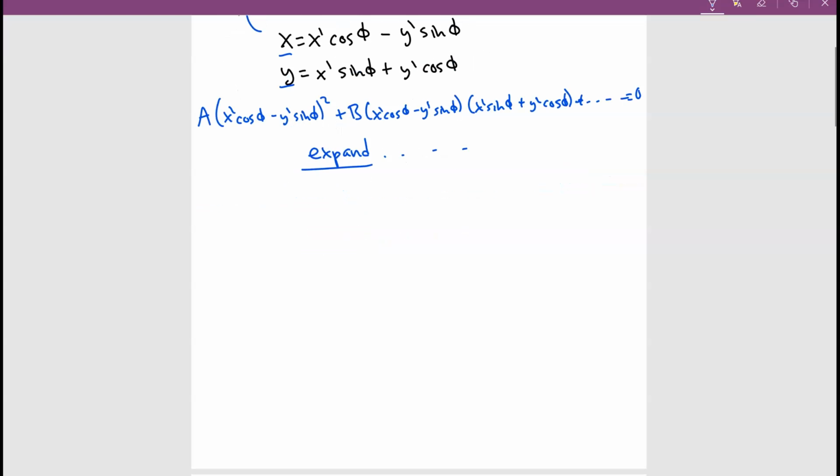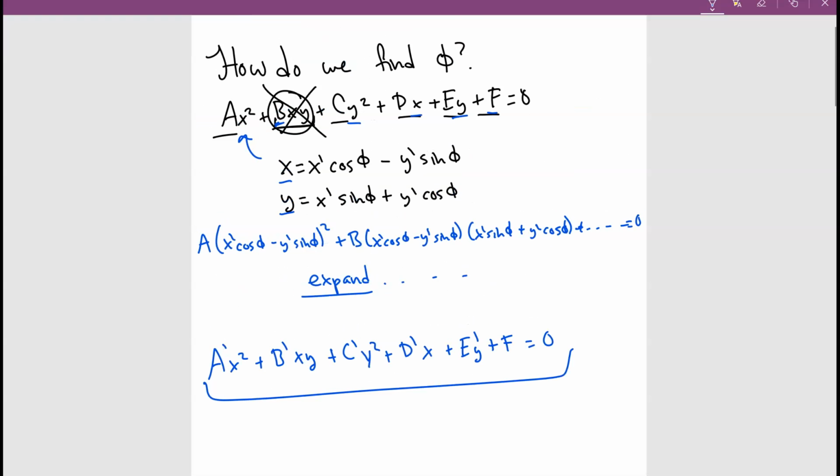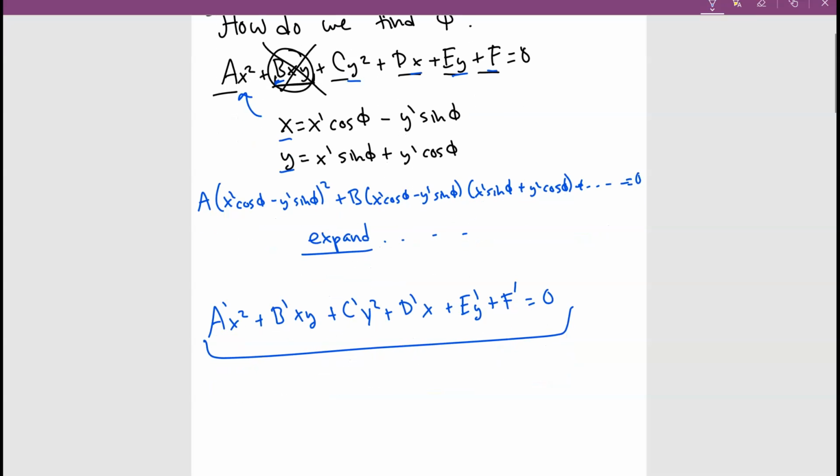And what we end up getting is that a prime x squared plus b prime xy plus c prime y squared plus d prime x plus e prime y plus f prime is equal to 0, which looks very similar to the original. You're probably wondering what exactly these a prime, b prime and so on are.